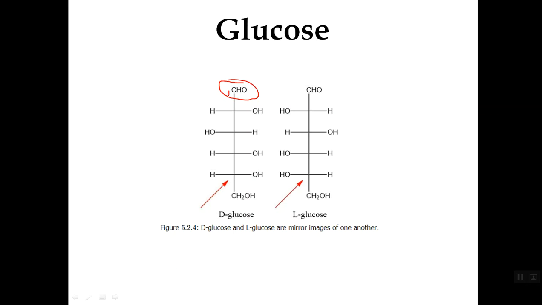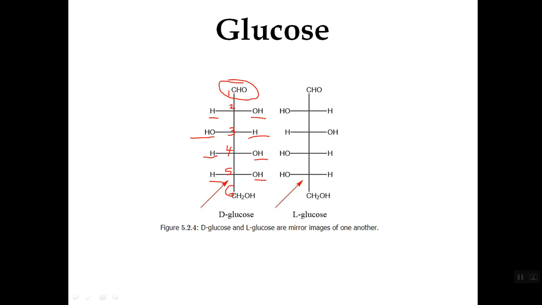At C1 we have the CHO aldehyde group, at C2 we have OH towards the right side and H towards the left side, at C3 we have H towards the right side and OH towards the left side, at C4 we have OH towards the right side and H towards the left side, and at C5 we find OH towards the right side and H towards the left side.